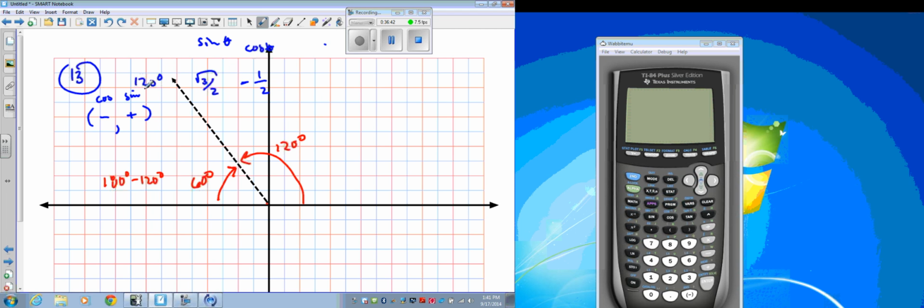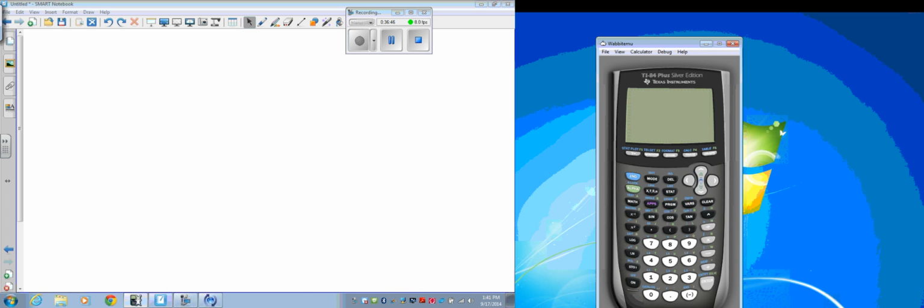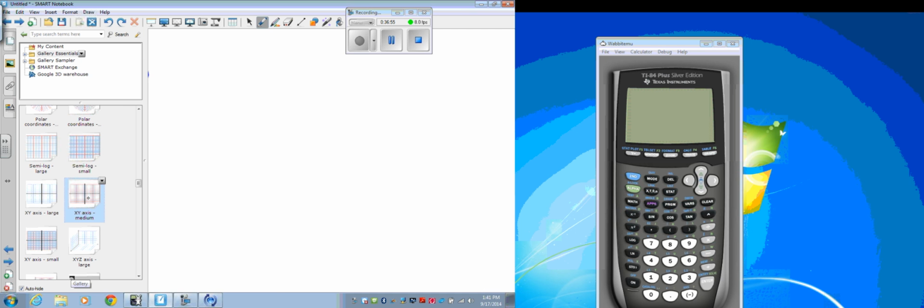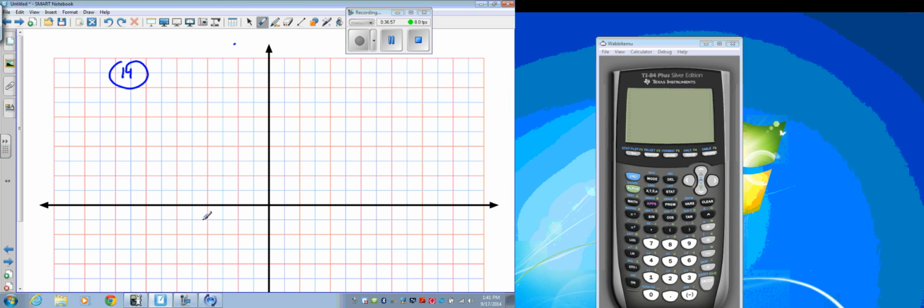Okay, so let's do what James wanted to look at. We're looking at number 14. So we're at 135 degrees. I'm going to draw the angle at 135.